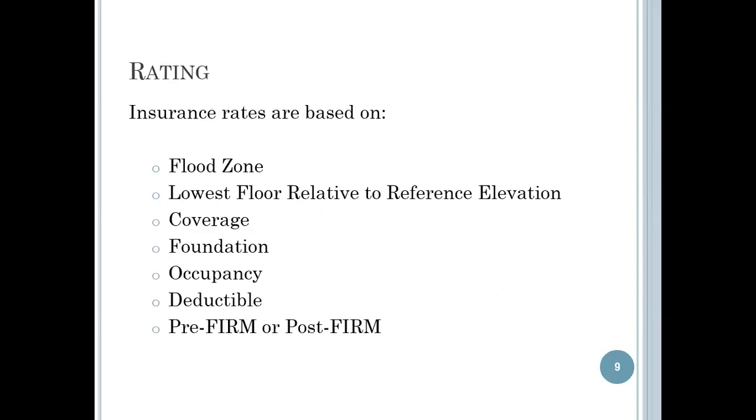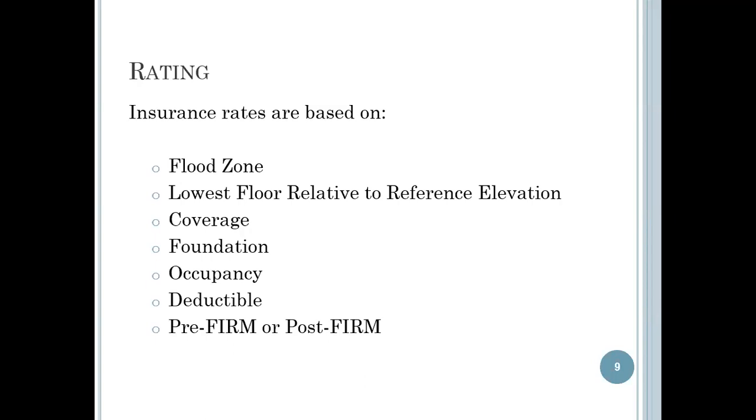So there are a number of factors that we use currently for rating a flood insurance policy. What flood zone is it in? What's the lowest floor relative to the base flood elevation? How much coverage? What kind of foundation? Is it a basement? Is it an elevated building? Is it a slab on grade? The occupancy: is it a single family?